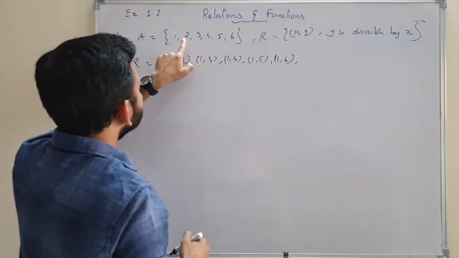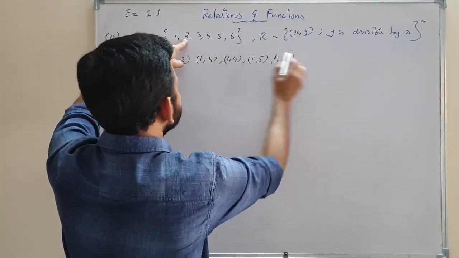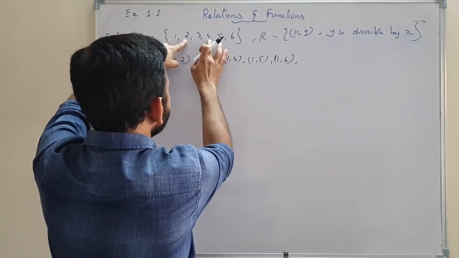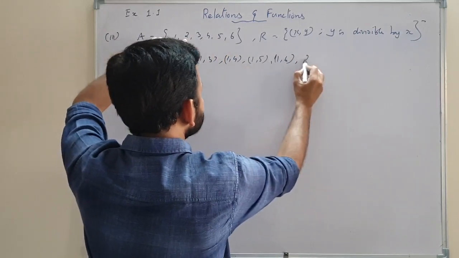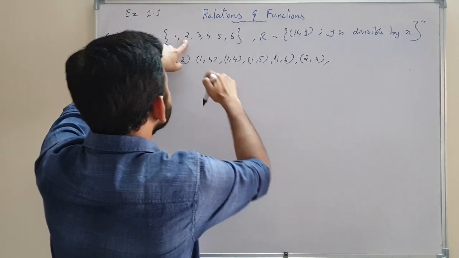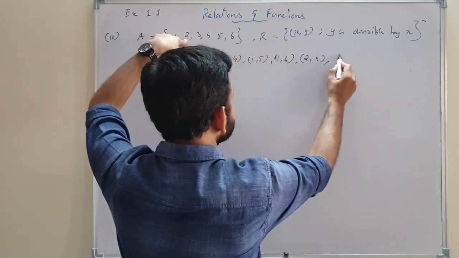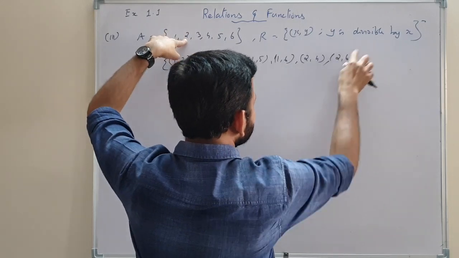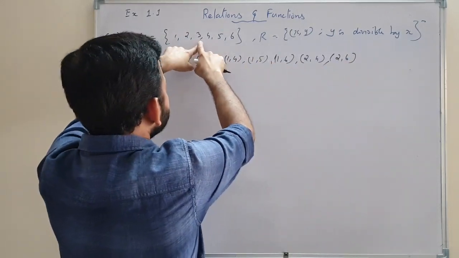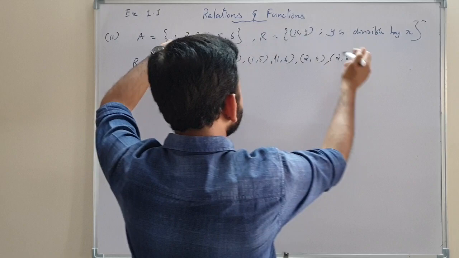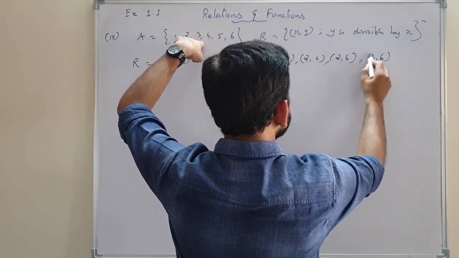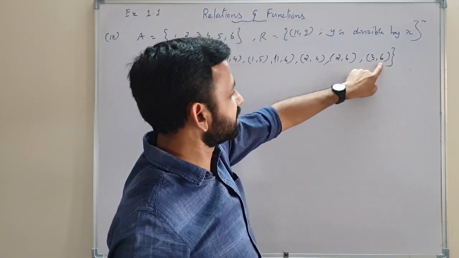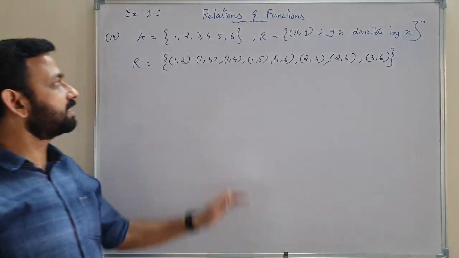Then starting with 2, (2, 4), because 4 is divisible by 2. Then (2, 6), because 6 is divisible by 2. Then starting with 3, (3, 6), because 6 is divisible by 3. So this is the relation.